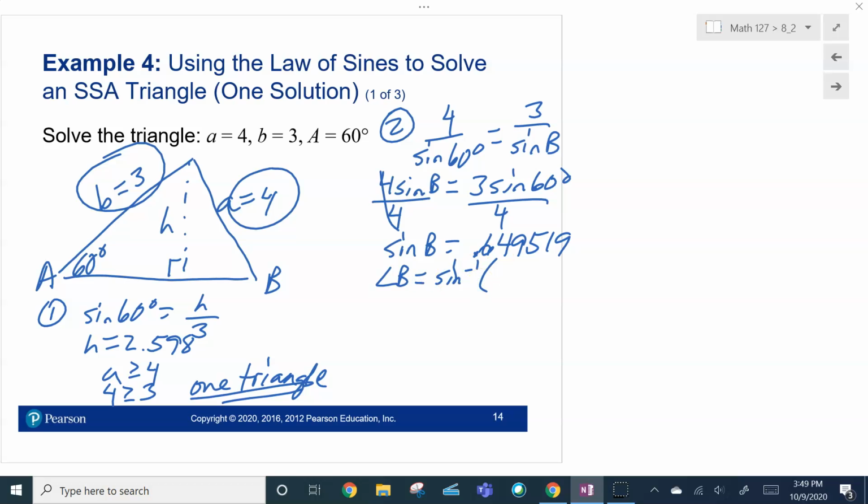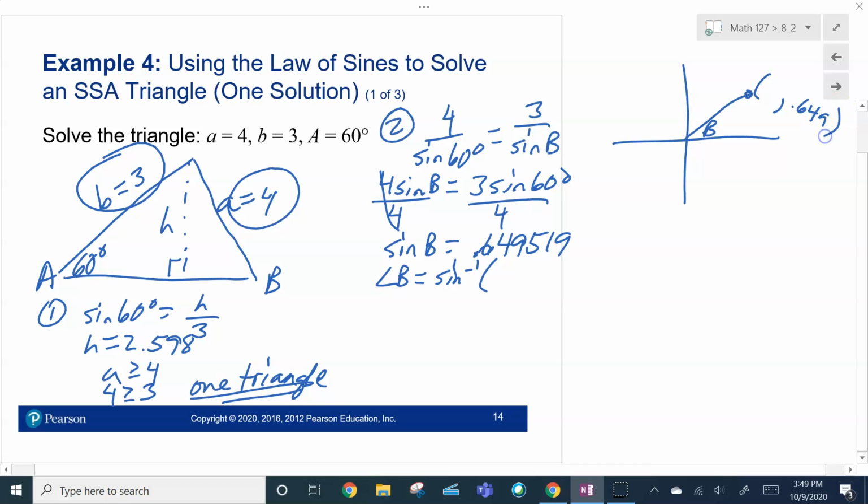And by the way, think about this for a minute. The sine of this angle B is 0.649519. There's two spots where this could happen. Two angles, right? There's this angle, and then there's that angle as well. So this one I'm going to call B1, the other one I'll call B2.